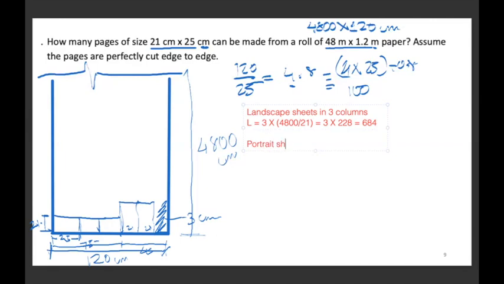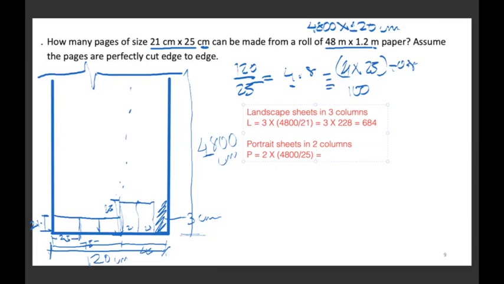Portrait sheets, which are coming in 2 columns. P will be equal to, there are 2 columns, so 2 multiplied by 4800 divided by 25, because 25 is the height of the portrait sheet. So you have to find how many such rows of 25 come in one column of portrait sheet.